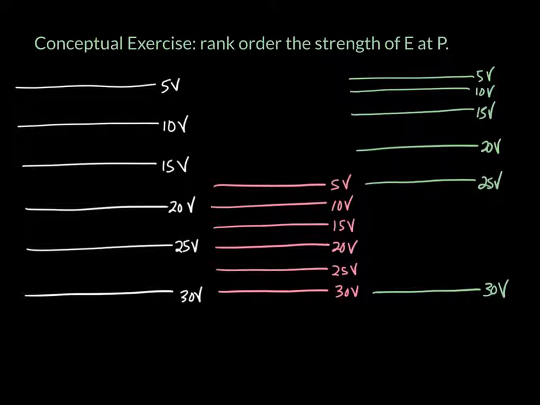All right. Let me get a good color here. And P is going to be on the 25 volt line each time for situations 1 through 3.